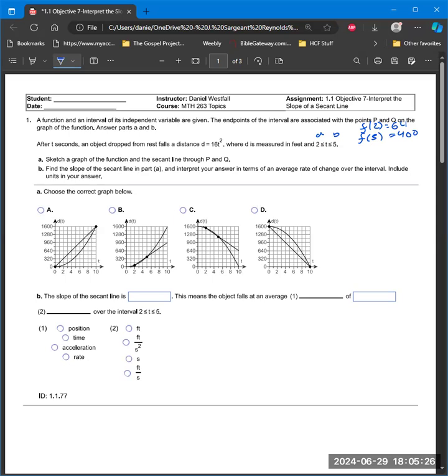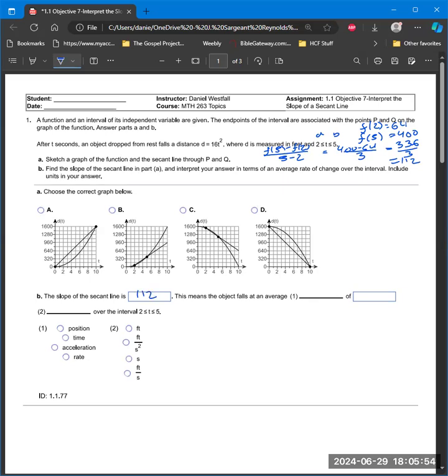So the slope is f of 5 minus f of 2 over 5 minus 2, which is 400 minus 64 over 3, which is 336 over 3, which is 112 for my slope.